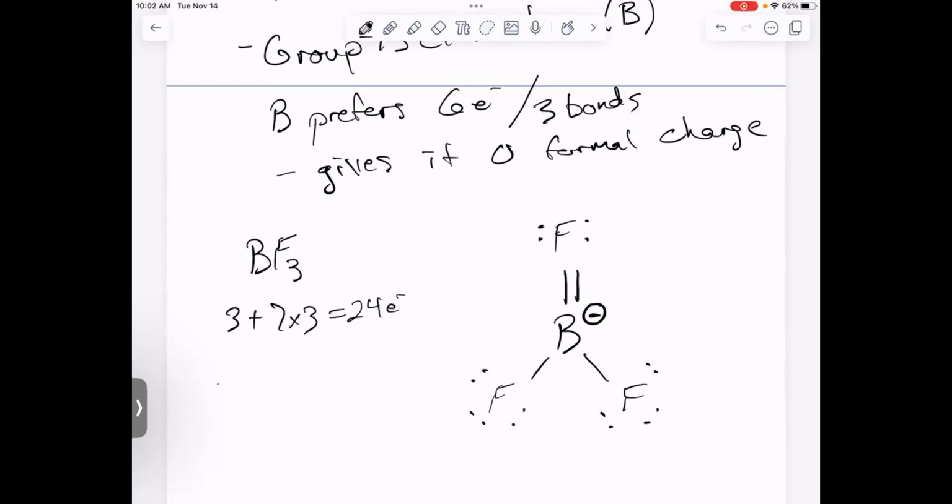Because if I did the calculation, boron's 3 valence electrons minus 4 bonds, it's going to be -1. And this fluorine at the top is actually going to end up with a positive formal charge if I do that. Fluorine having 7 valence electrons normally, minus 2 bonds, minus 4 electrons in lone pairs, is going to give it a +1.